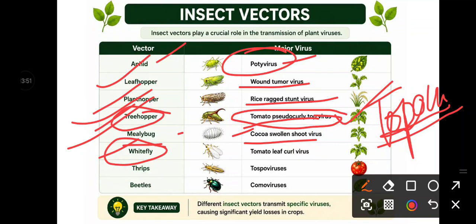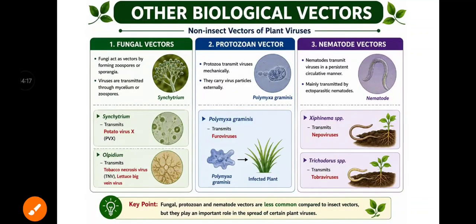So remember this, whitefly transmits begomovirus. The potyvirus is transmitted by aphid, mealybug transmits badnavirus. Just remember this thing. Then thrips transmit the tospovirus, tomato spotted wilt virus. Then beetle transmitting the comovirus, cowpea mosaic virus.